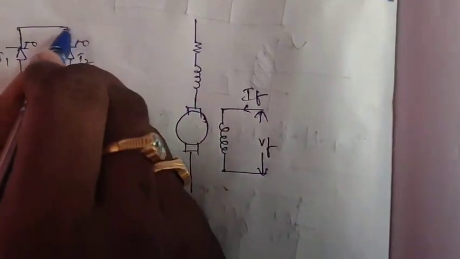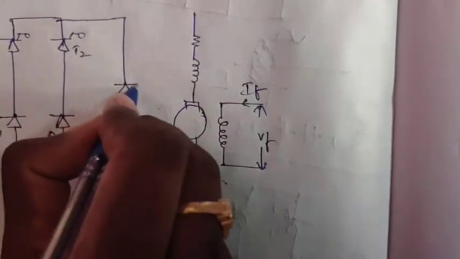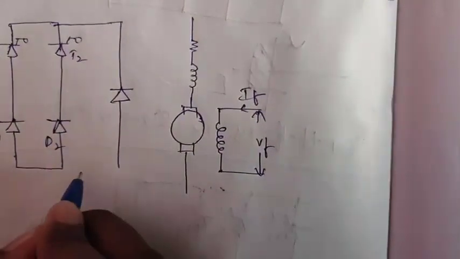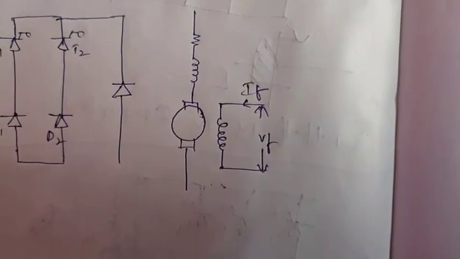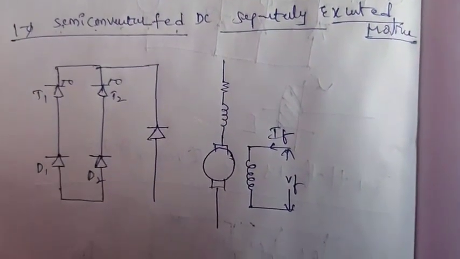After that I connect a freewheeling diode. We know the purpose of the freewheeling diode is to improve continuous conduction, improve the power factor, and increase the voltage regulation. That's why we connect a freewheeling diode.